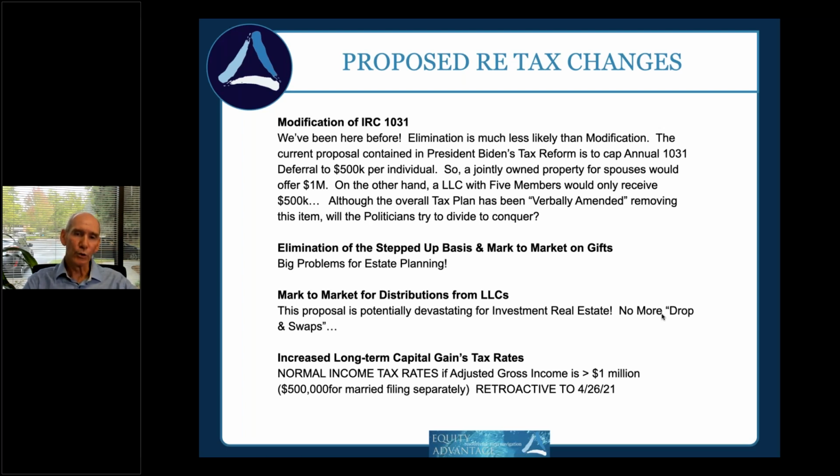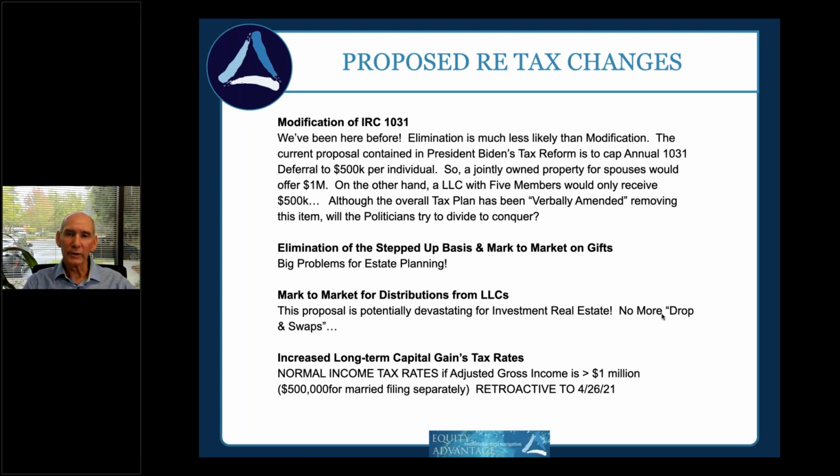But once again, with 1031, if there's any change, it would be effective 1/1/22, whereas some of the tax reform measures would be retroactive to April 26 of '21. So before you decide to just go sell something, do whatever you can to figure out what potential tax rates are going to be.